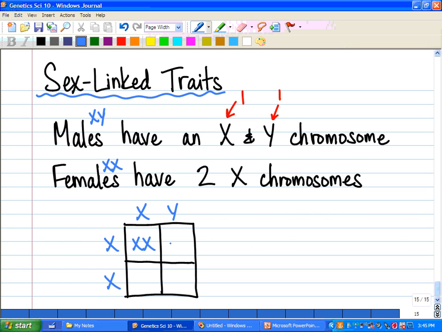XX, that's female. XY, that's male. XX, that's female. XY, that's male. So I think you know this, and the percentages are so close if you look at sexes in different populations that it's 50-50.